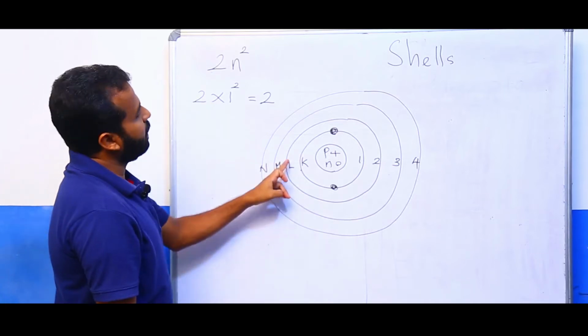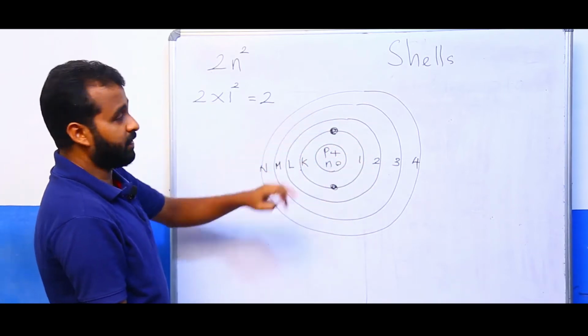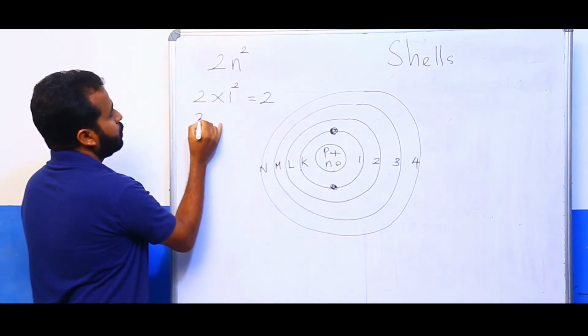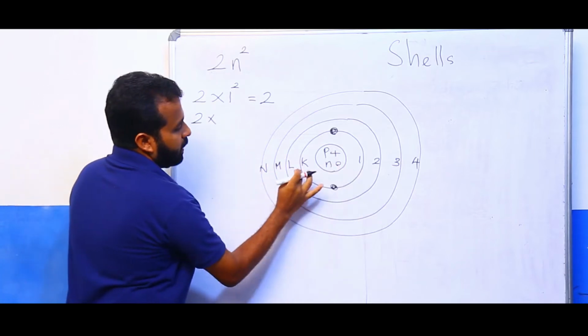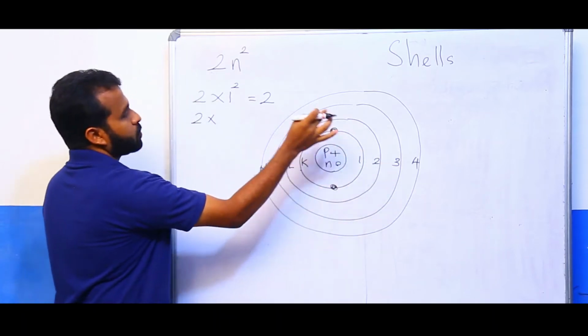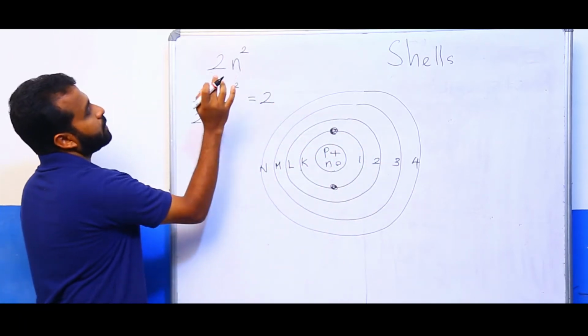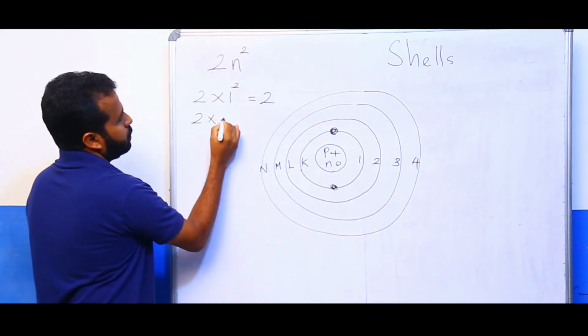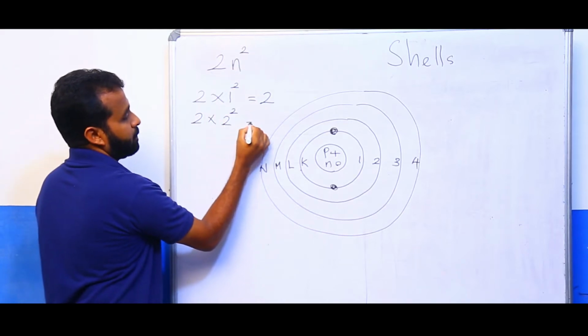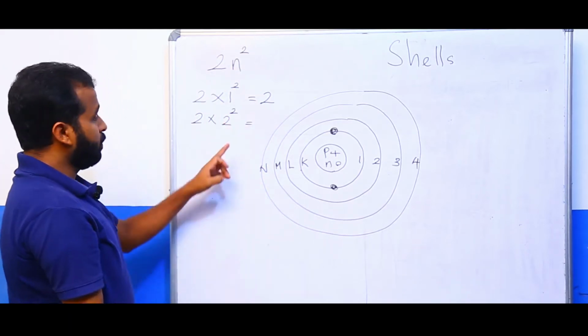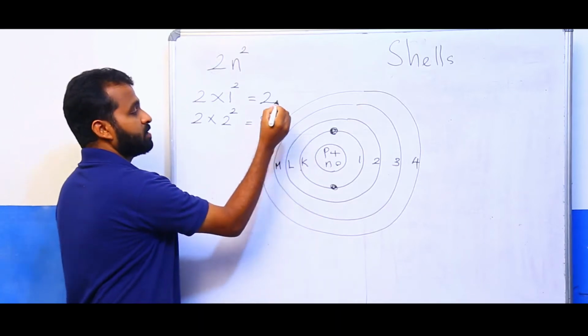How many electrons are accommodated in the L shell? Put 2 in the place of n, since L is the second shell. 2 into 2 square. 2 square means 4, 4 into 2, 8.